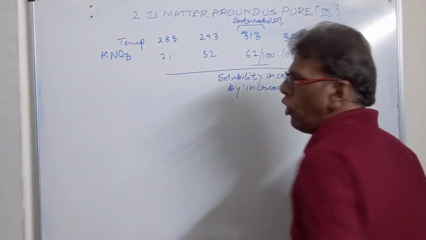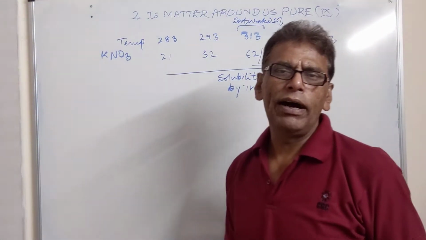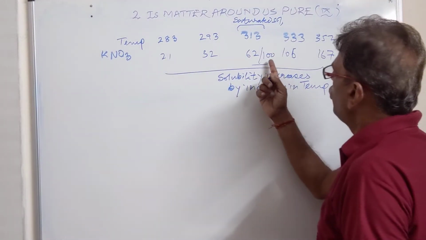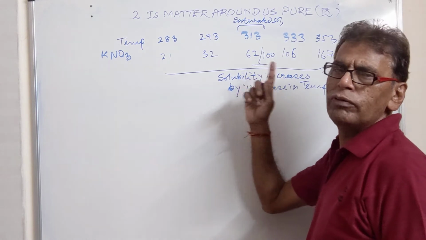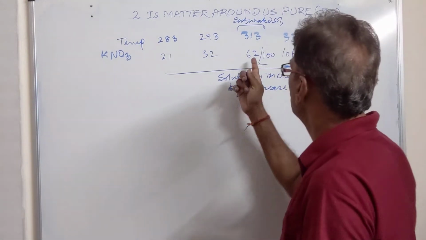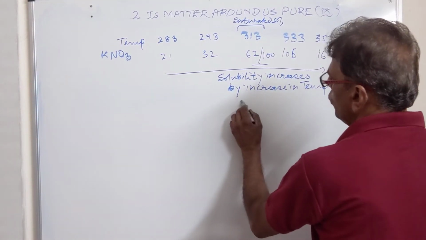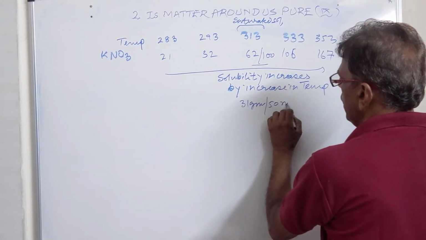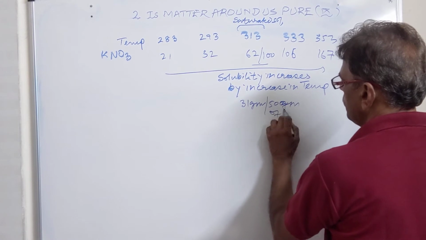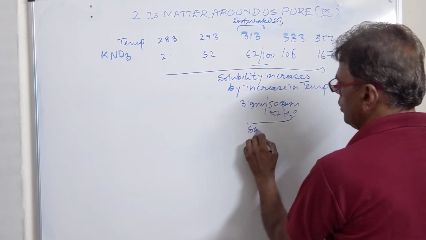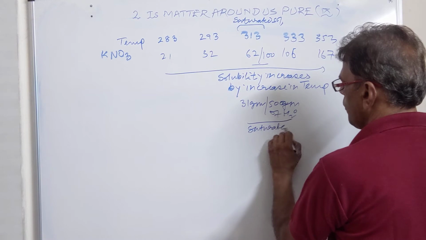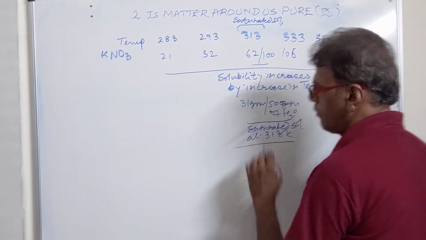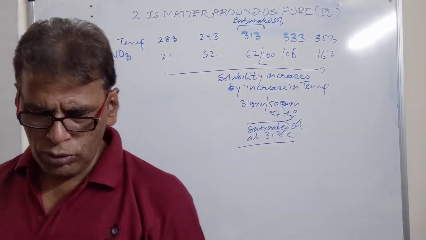Then he says how much KNO3 is required to prepare a saturated solution in 50 gram of water. So the volume of the solvent is made half, therefore the solute will also be half. So 31 gram of KNO3 will be dissolved in 50 gram of solvent to give you a saturated solution at 313. So this is the way to solve the problem.